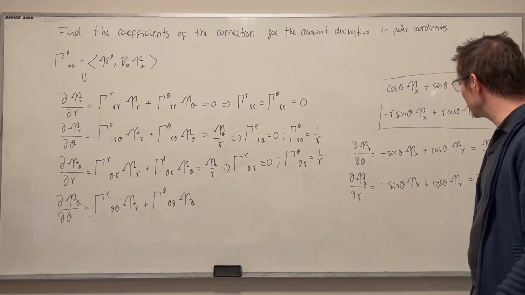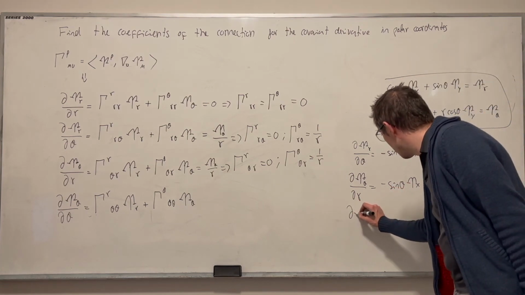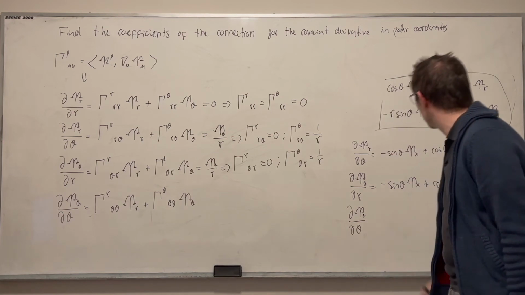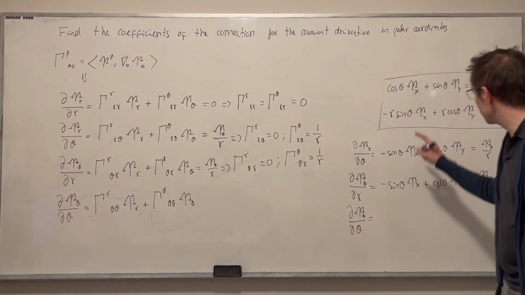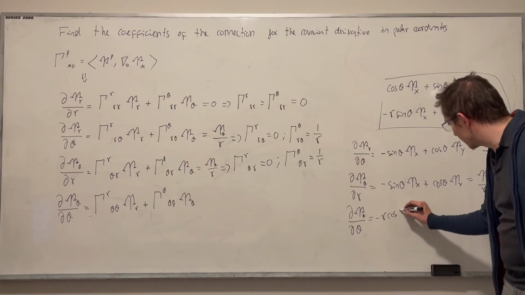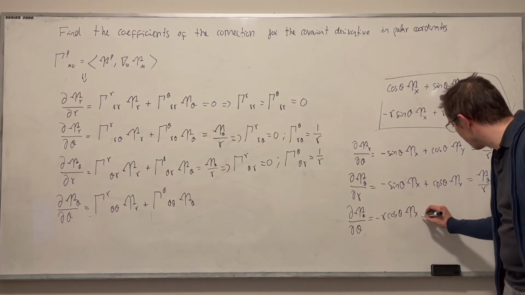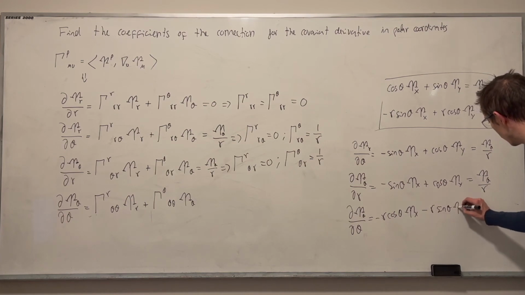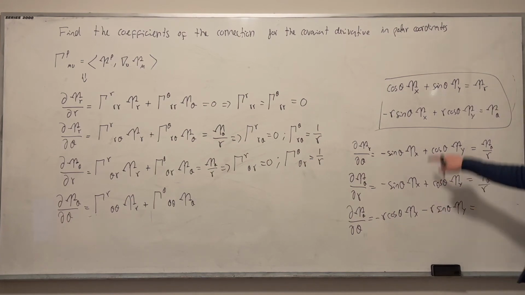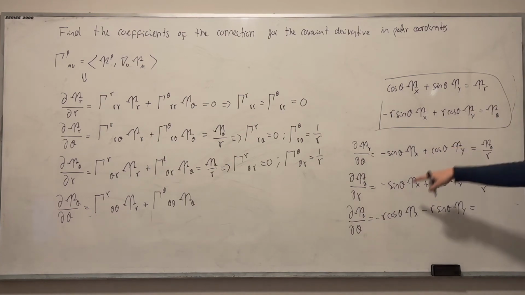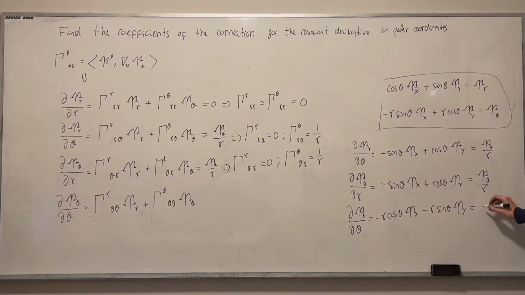The final one tells me I need to compute partial epsilon theta, partial theta. So what is that? That gives me minus r cosine theta epsilon x minus r sine theta epsilon y. Now, if we compare it, this is like epsilon r, only with a minus r multiplying. So this is minus r epsilon r.